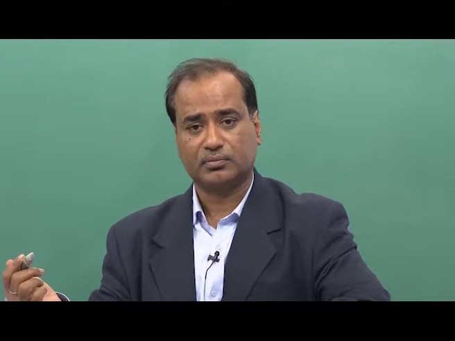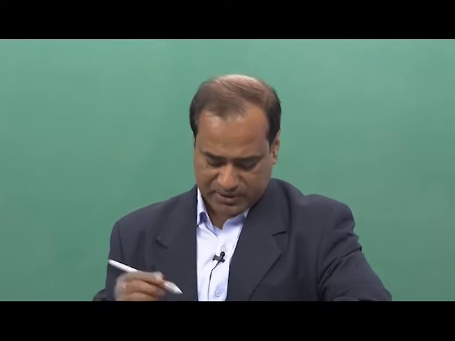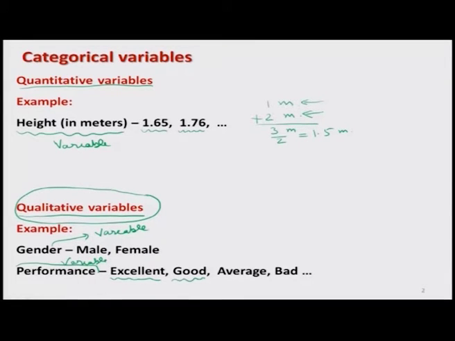The performance cannot be measured, but it is classified as excellent, good, average, bad or something else. In this case, the variable gender is male and female, and the performance is excellent, good, average, bad. These are very well understood.